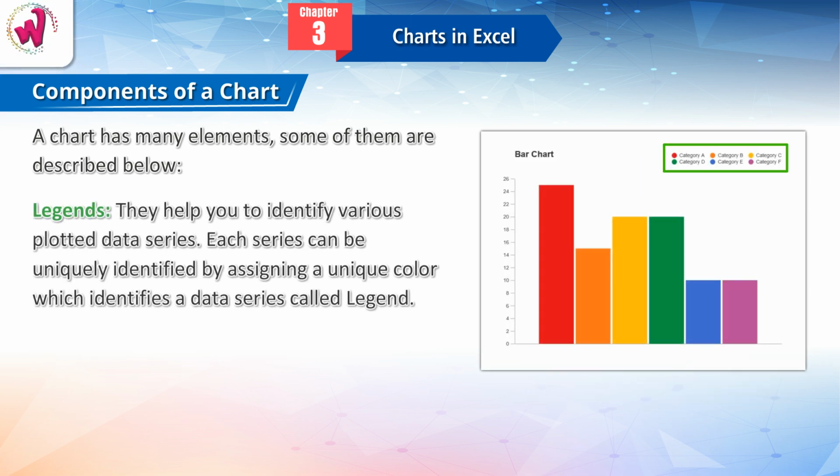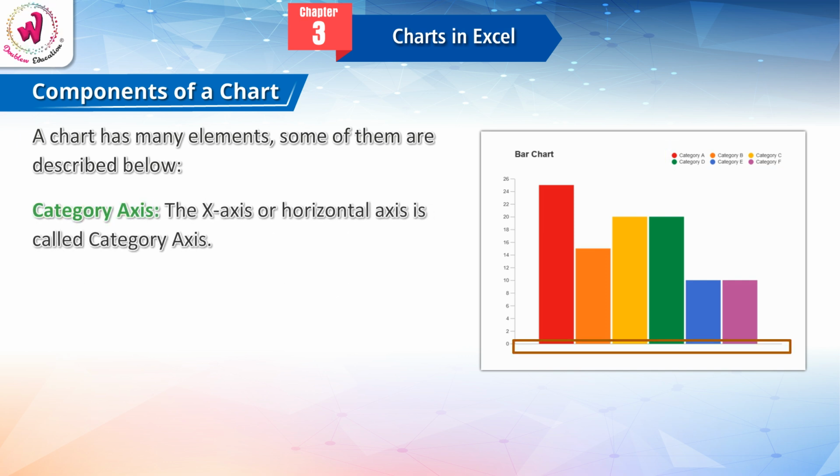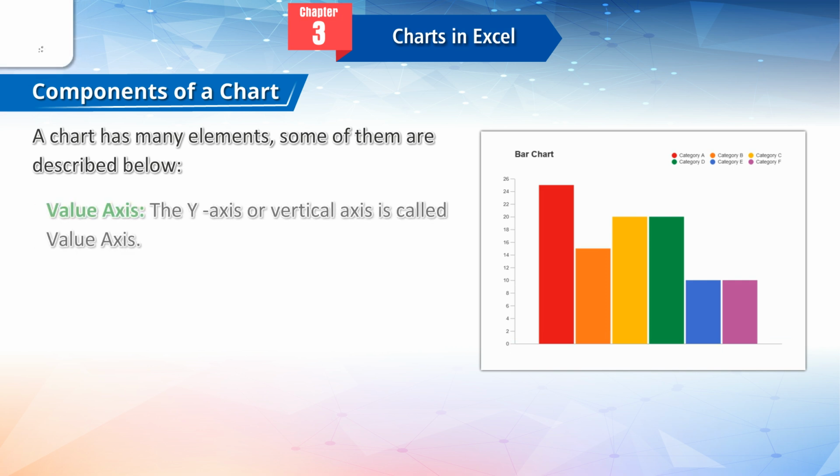Legends. They help you to identify various plotted data series. Each series can be uniquely identified by assigning a unique color, which identifies a data series, called a legend. Category axis. The x-axis or horizontal axis is called the category axis.